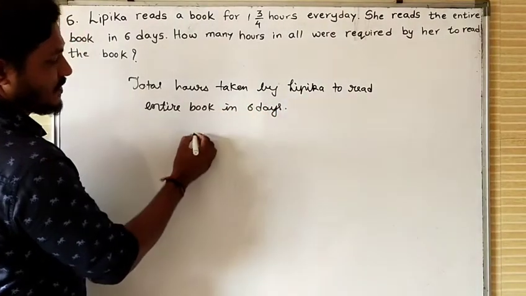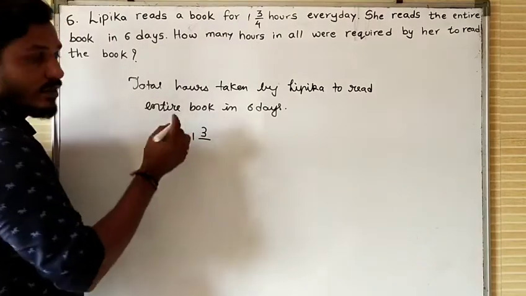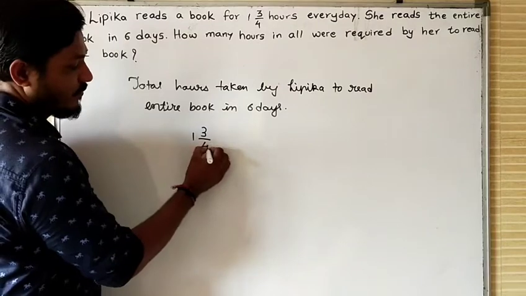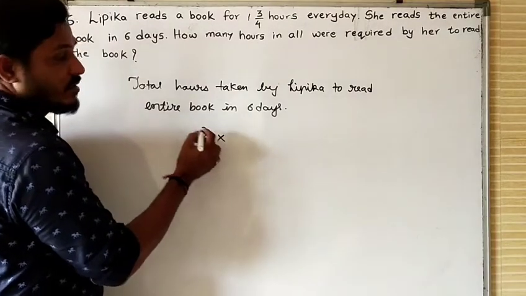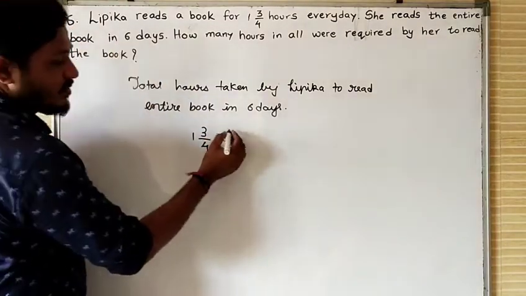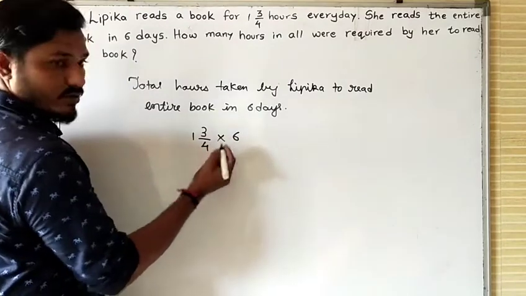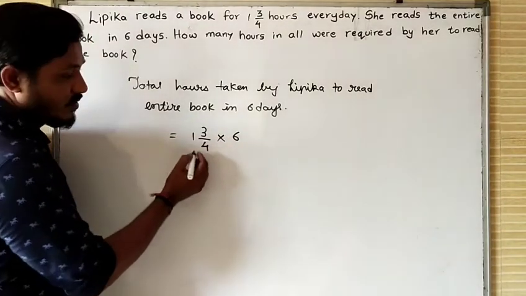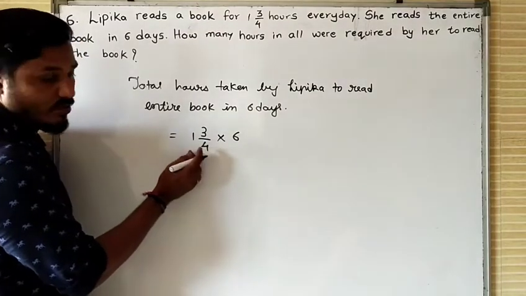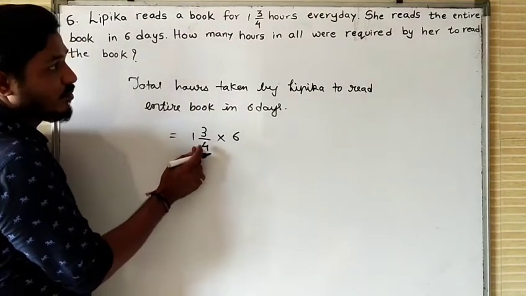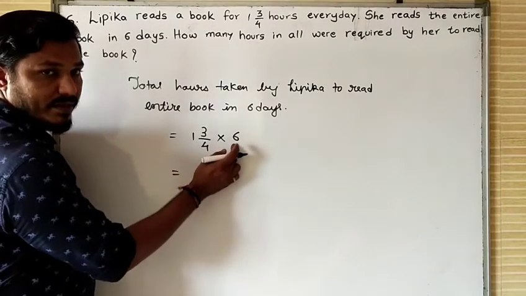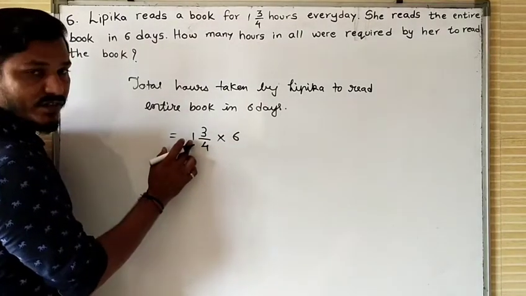If she used to read book for 1 integer 3/4 hour and she read the book for 6 days. So very simple. So therefore what you will do, first you convert it, just you multiply the book read by her every day, multiply by 6 number of days. So first you convert it.